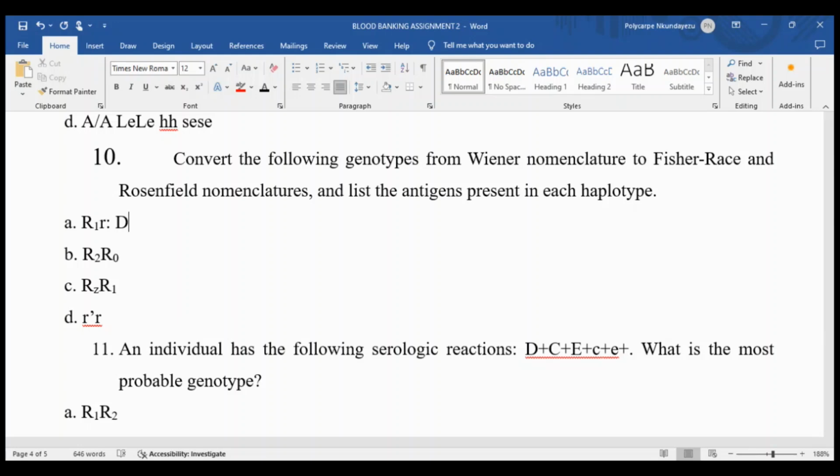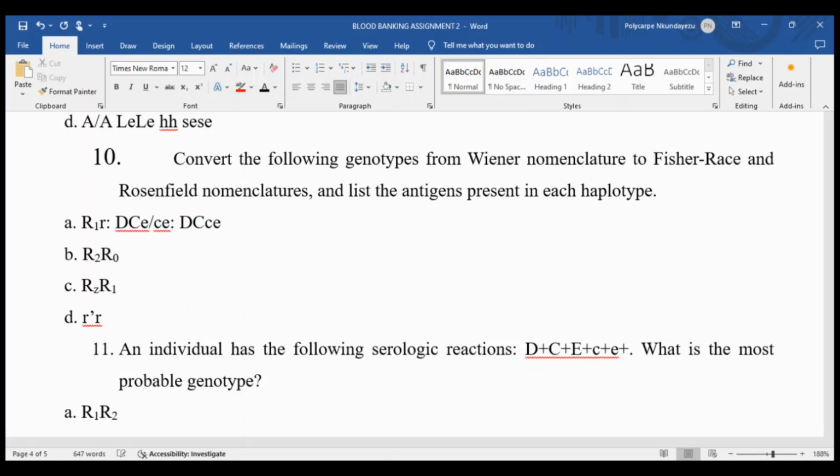Okay, capital D. Small d and... okay. So the antigens are all these. Of course, the antigens are D, C, E, and small c.